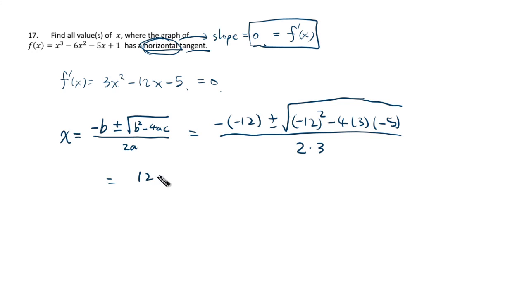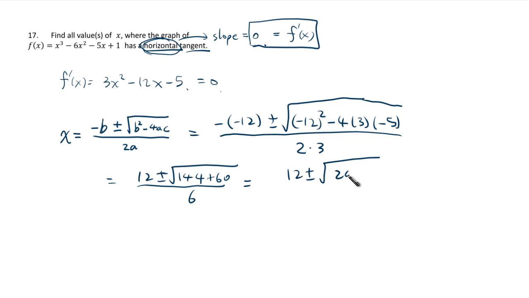And that's 12 plus or minus the square root of 144. Let's see, 4 times 5 is 20, 20 times 3 is 60, minus minus is plus, so it's plus 60, over 6, and 12 plus or minus the square root of 204. Right?